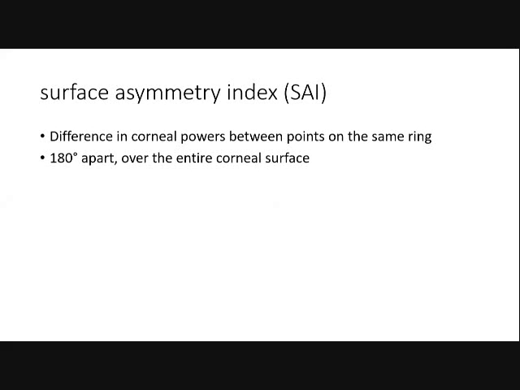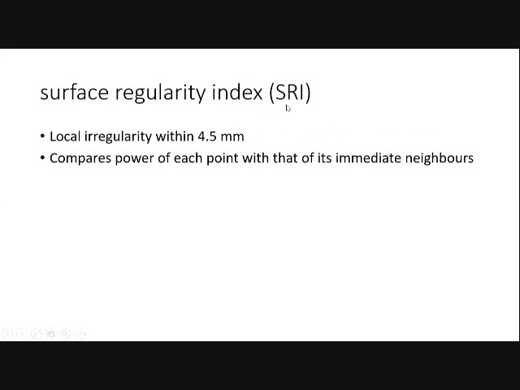The point on the superior part is compared with the point on the inferior part, and one on the nasal part is compared with the point on the temporal part. So this is surface asymmetry index or SAI. Another one is surface regularity index, SRI. It detects the local irregularity within 4.5 millimeters and compares the power of each point with that of its immediate neighbors.